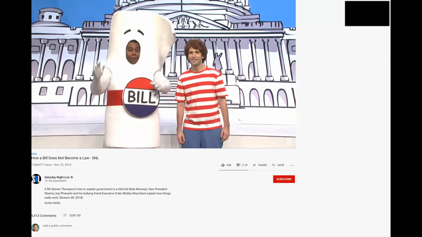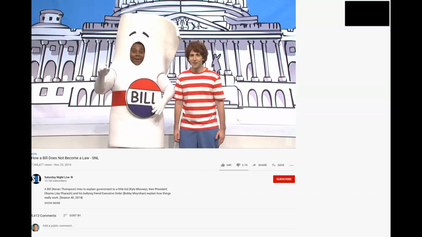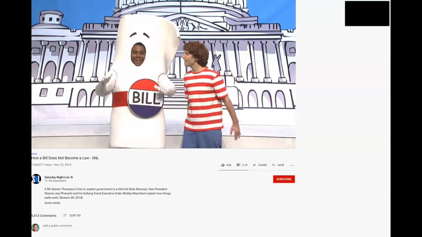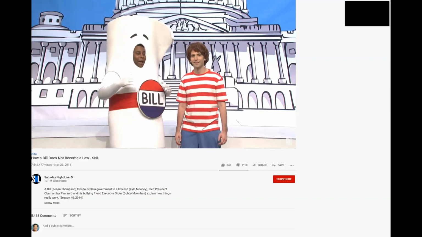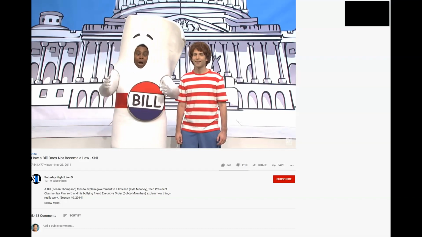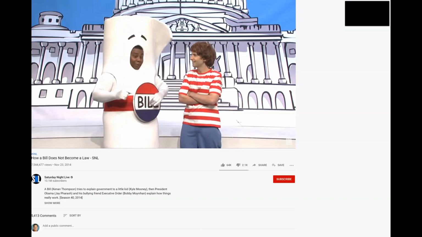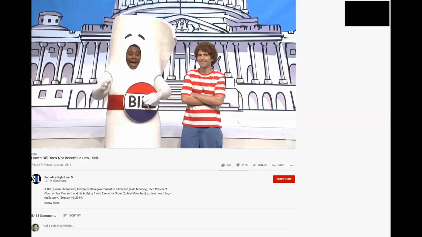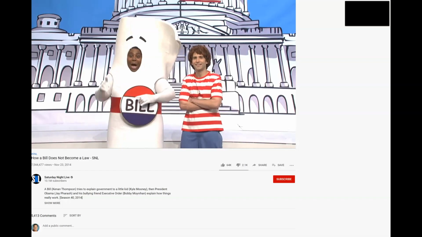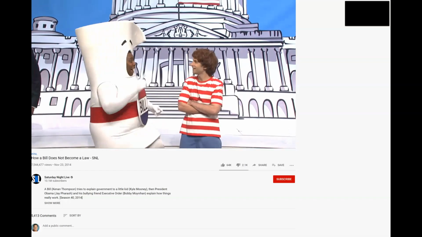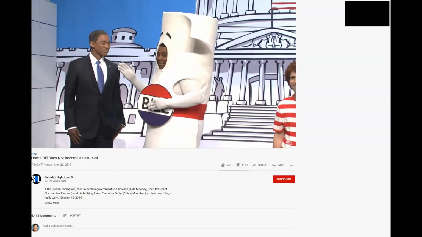At least I hope and pray that I will. But today I am still just a bill. Oh, what kind of bill are you? Why, I'm an immigration bill. And one day the Republicans might create me so I could become a law. And how does a bill become a law? Funny you should ask. Well, first I go to the House and they vote on me. But then I need from the Senate a majority. And if I pass the legislative bill, then I wind up on the president's desk.